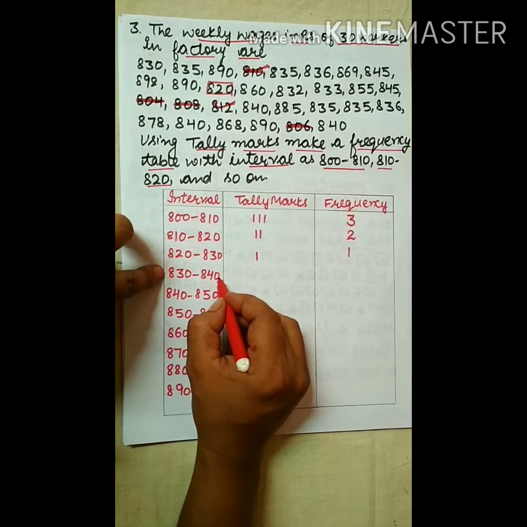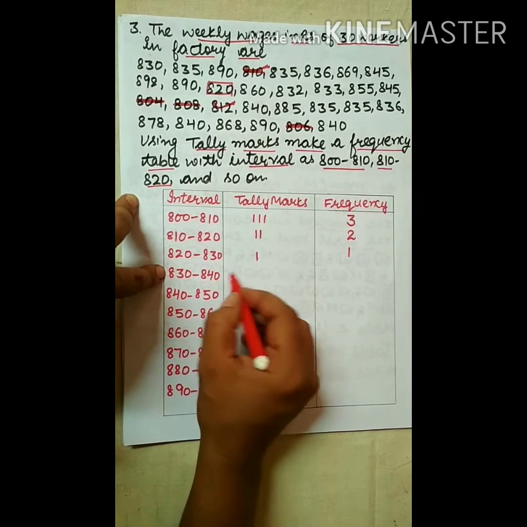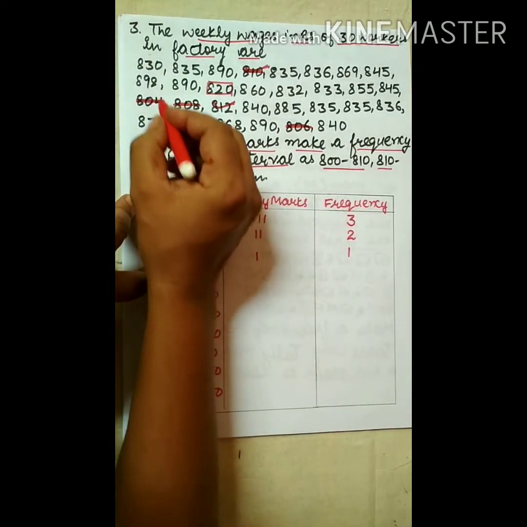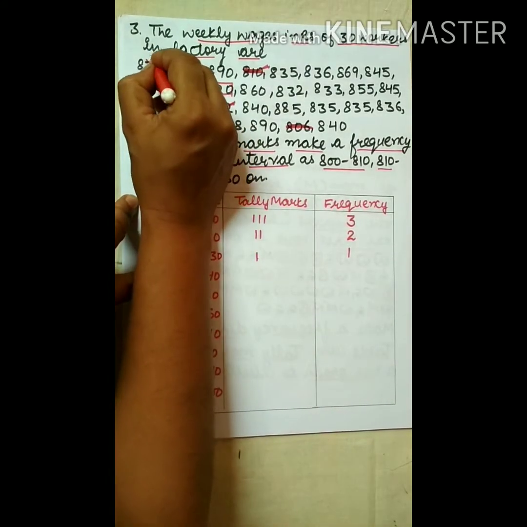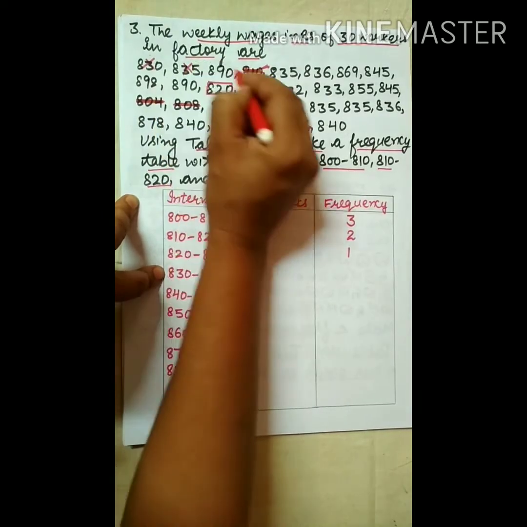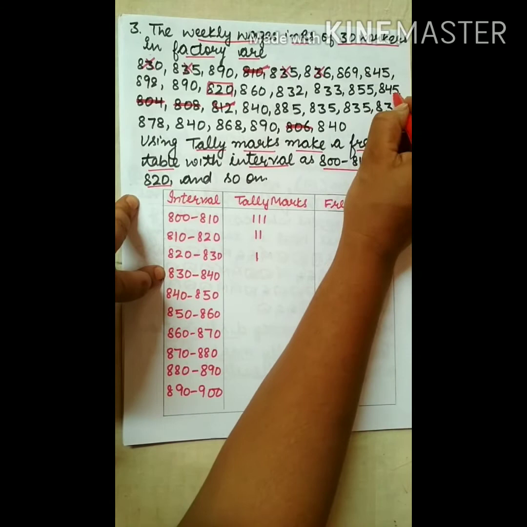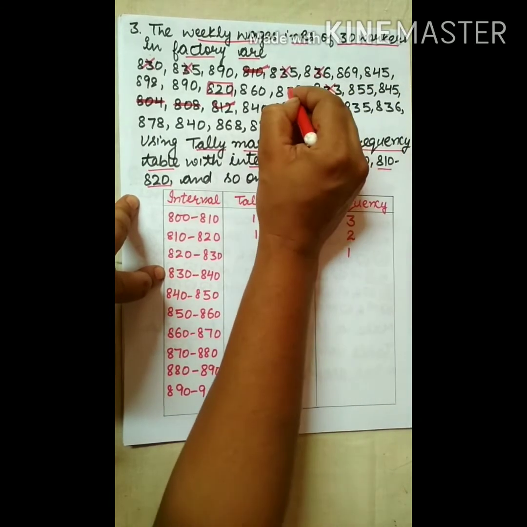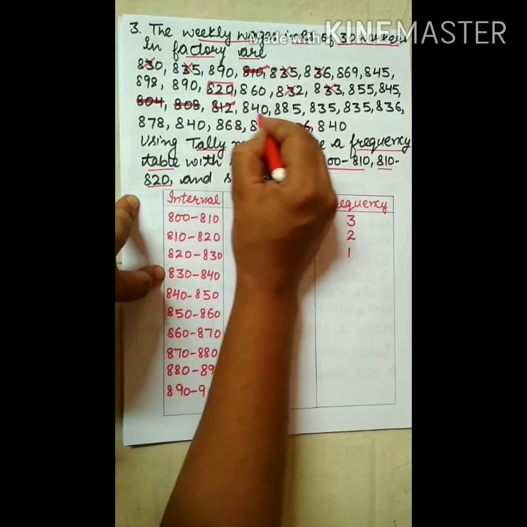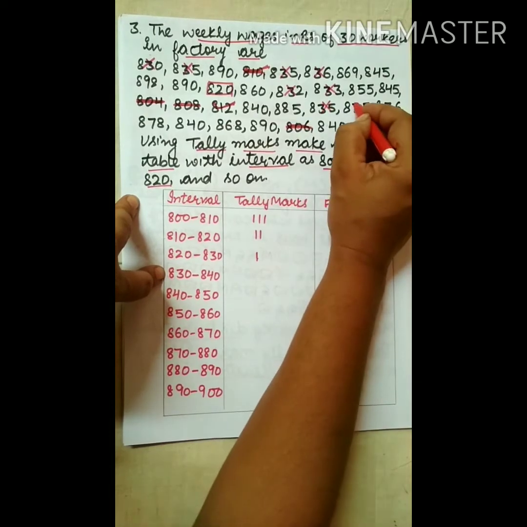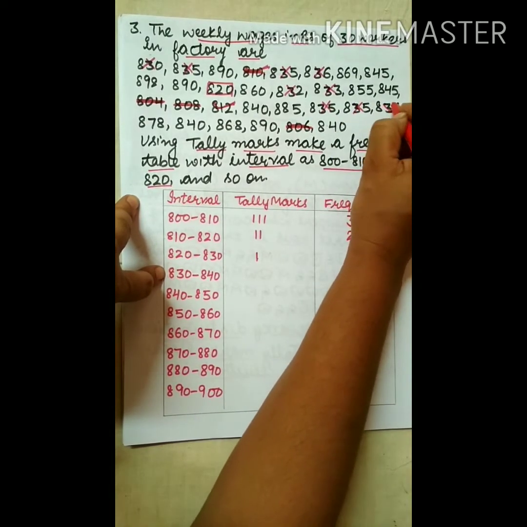Now 830 to 840, I will count the values. I will just cross these: 1, 2, 3, 4, 5, 6, 7, 8 and 9.